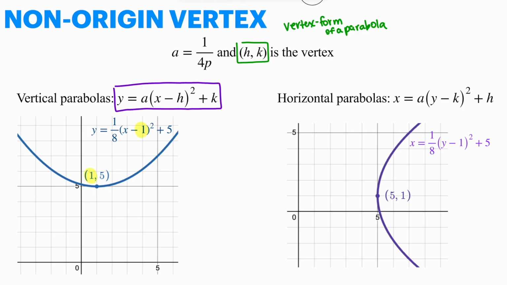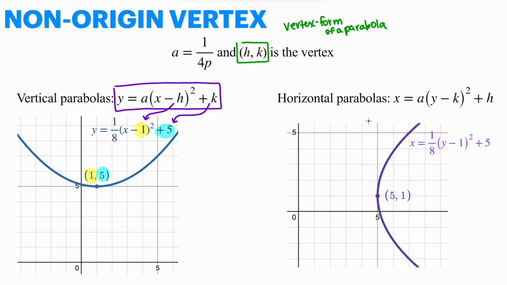And then the 5 is my Y value, and that goes outside of the parentheses just like the K does. So again, the H goes with my X value, the K goes with my Y value.